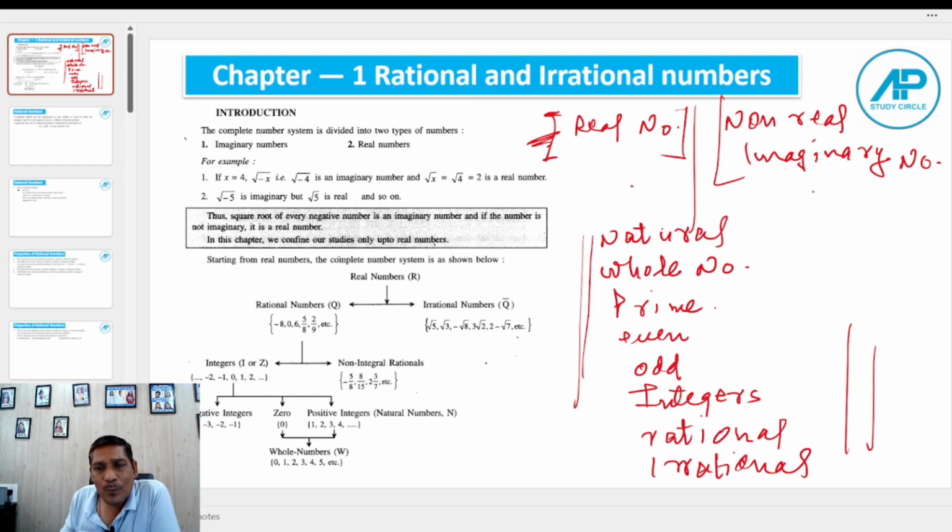Now suppose you have x square equals to 4.